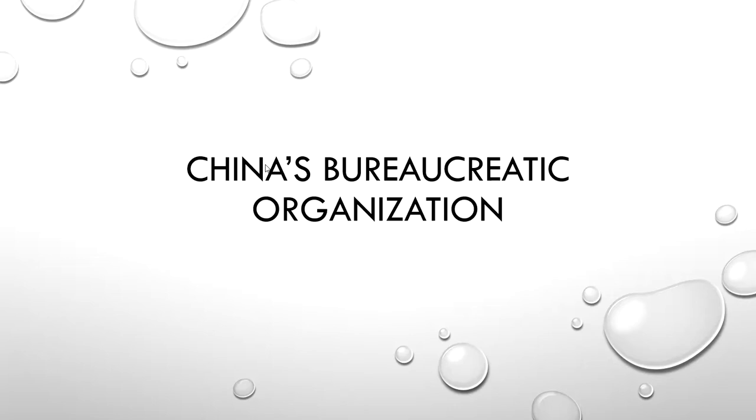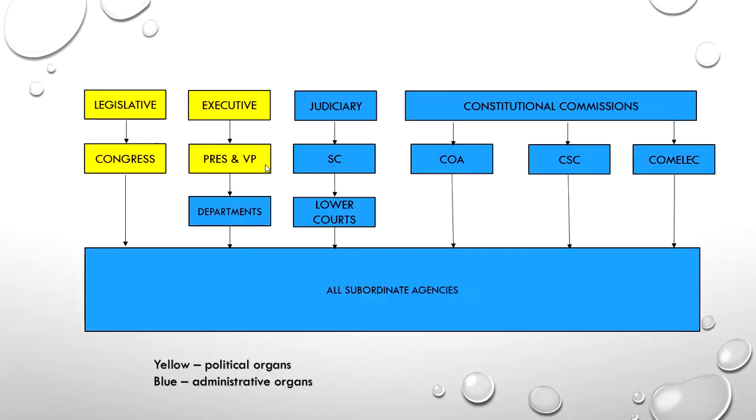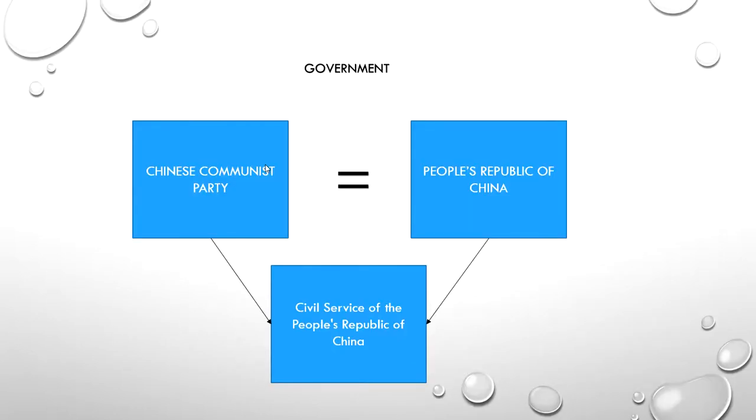And since China is one of the few countries that practice a one-party system, it is so unique when we look into China's bureaucratic structure. Unlike the Philippines and the majority of countries, when we dissect the Chinese government, looking into its political and administrative organs, the Chinese Communist Party is equated with the People's Republic of China.